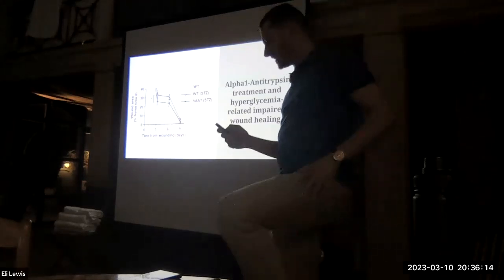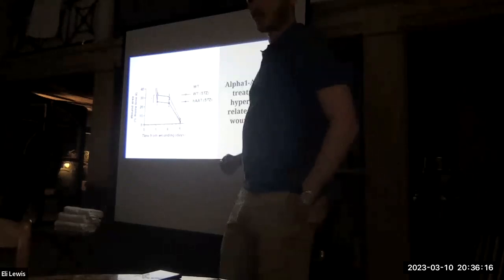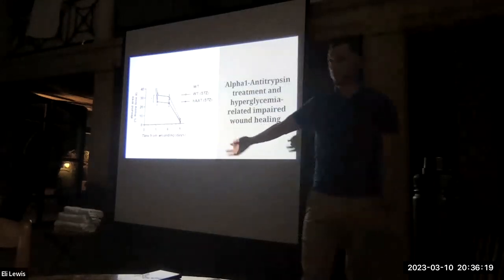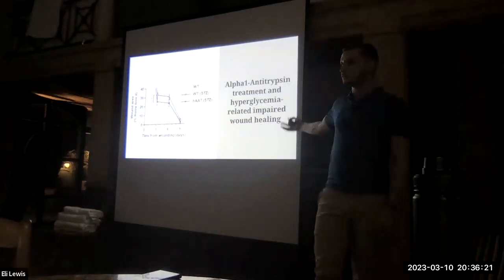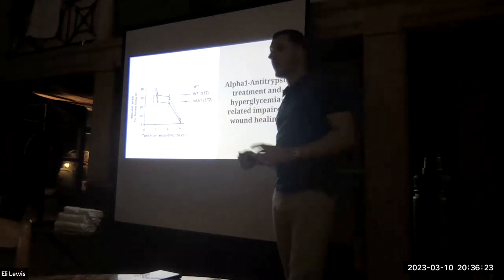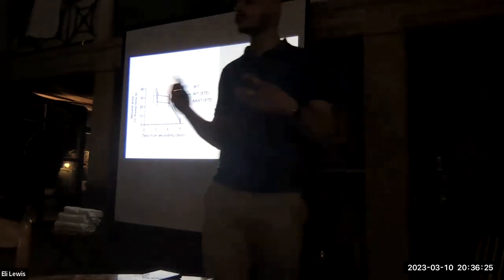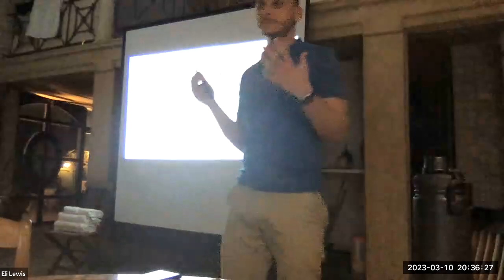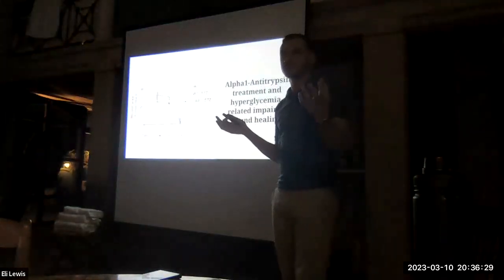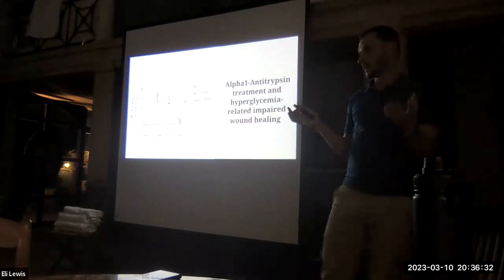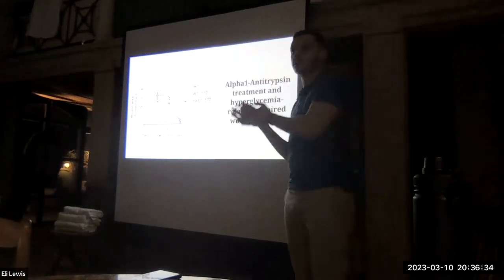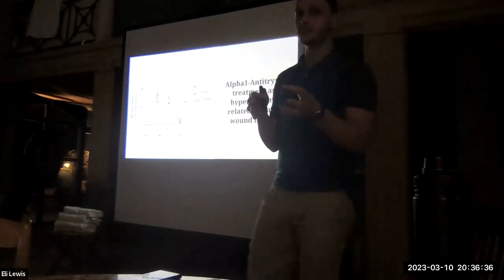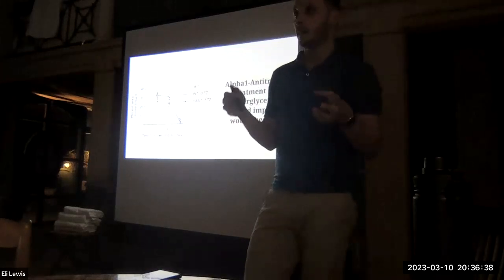So here we can see there was a significant improvement in the wound closure in the mice that received treatment with AAT after 3 days. At first glance, some people may say it's only one of the few measurements that you made. It's a significant difference, but it's only on the 3rd day. The first few days in an actual wound may be critical.